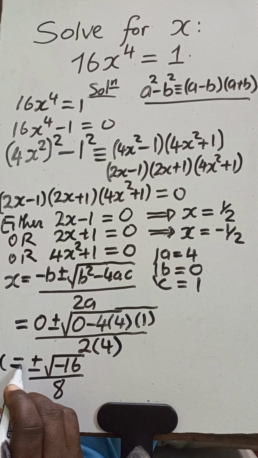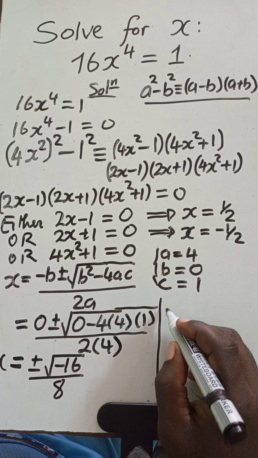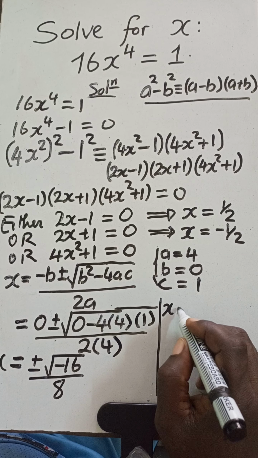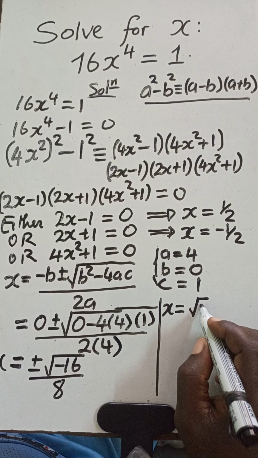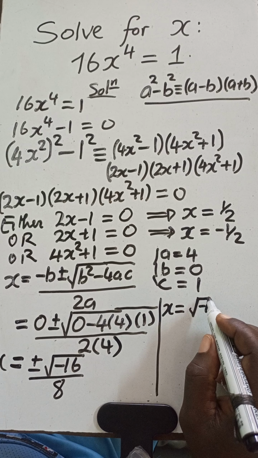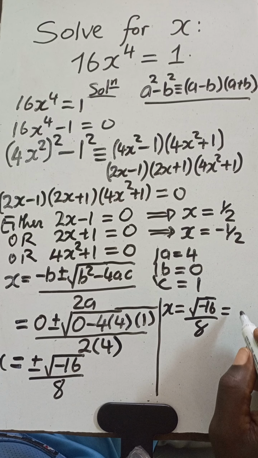All right. So these are the remaining two values of x. So we can go ahead and continue our simplification. So we have x is equal to, let's take the positive now, positive root negative 16 all over 8.